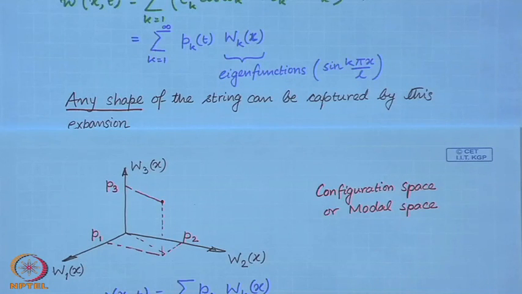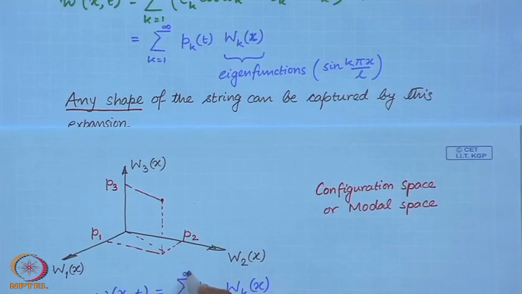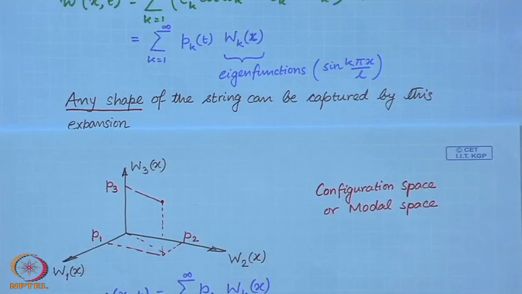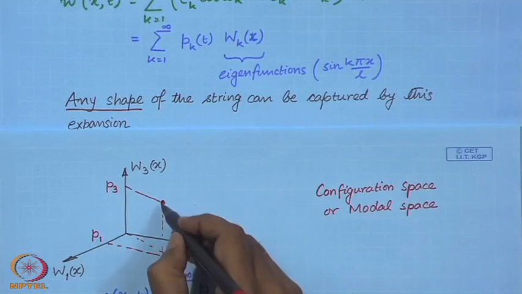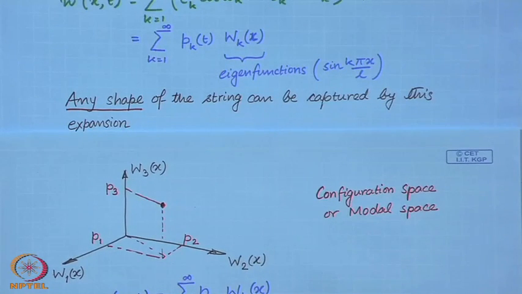So, at a particular time instant, this expansion therefore represents the shape of the string at that time instant. So, this point represents a shape, a configuration of the system.